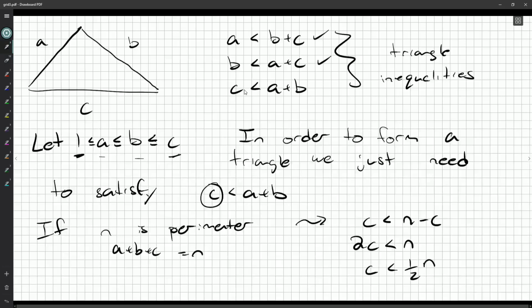Can we also maybe get a minimum value for C? Because obviously C can't be as low as 1 and things like that. There's sort of a bare minimum we need to have. What else could we have? Well, n is A plus B plus C, but A is less than or equal to B is less than or equal to C, so this is technically less than or equal to 3C.